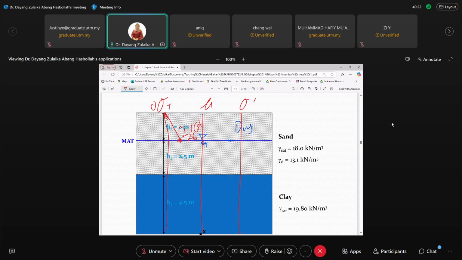Okay, now moving forward until here. So 26 plus, what is the unit weight for this layer? It already has water, right? So the saturated unit weight is 18, times 2.5.